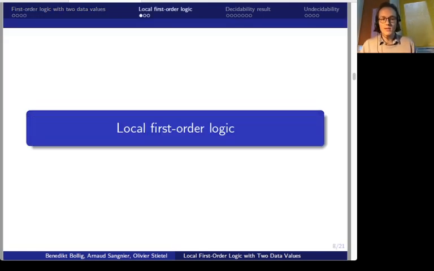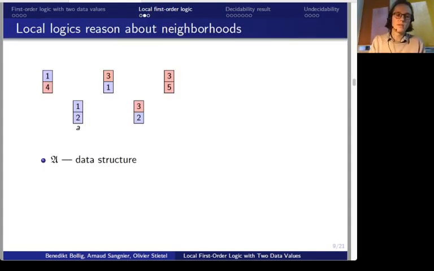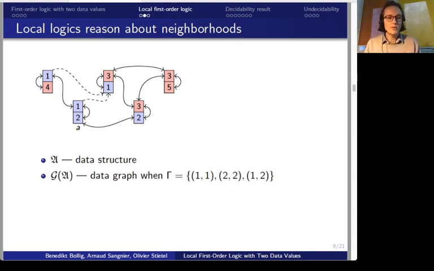To tame the undecidability, we define the local first-order logic. Given a data structure A, we define a graph, which we call the data graph, and it depends on the set of binary relations we have, and we connect two data values in the structure if they are equal. Then, if we focus on the element a, we can look at the balls of different radius around a.